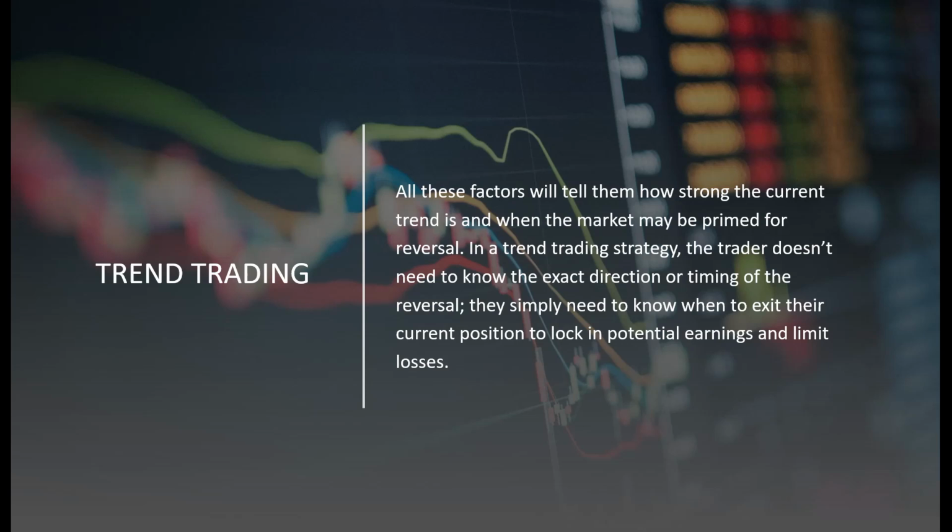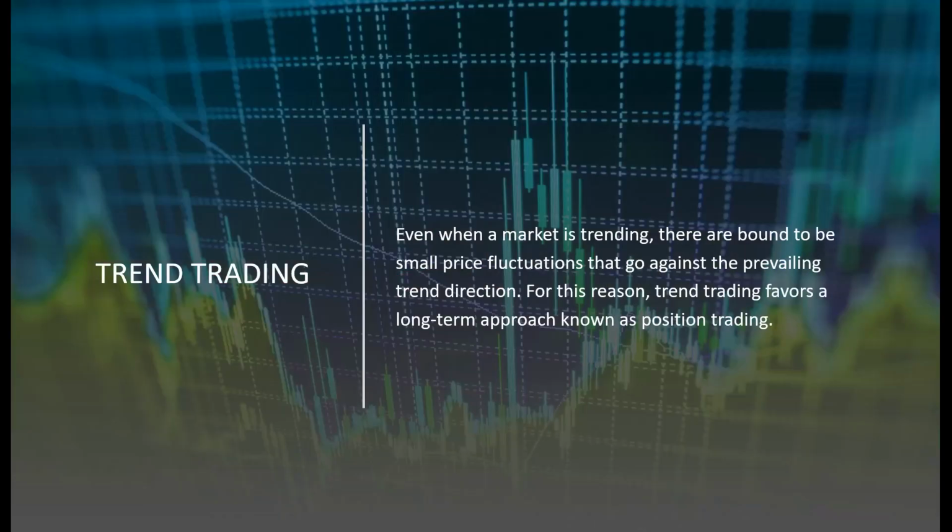In a trend trading strategy, the traders don't need to know the exact direction or timing of the reversal. They simply need to know when to exit their current position to lock in the potential earnings and limit losses. Now, that sounds pretty easy, doesn't it? And it works.